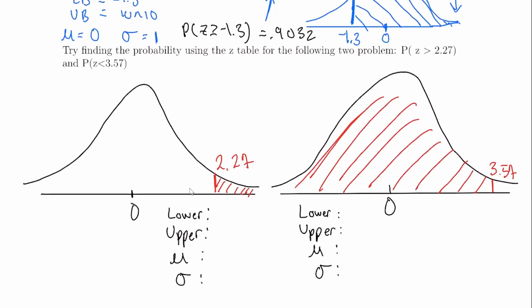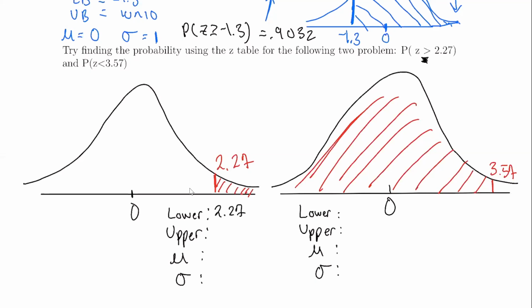All right, so let's try to go ahead and do that. So I already did the drawing. So if you look at the 2.27, you want to pretty much shade the right-hand side because it says greater than. So the lowest it could possibly be is 2.27.